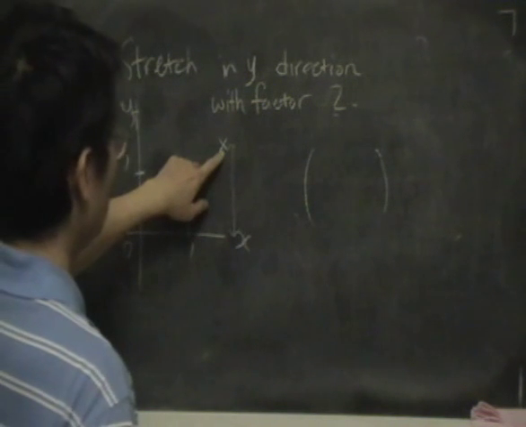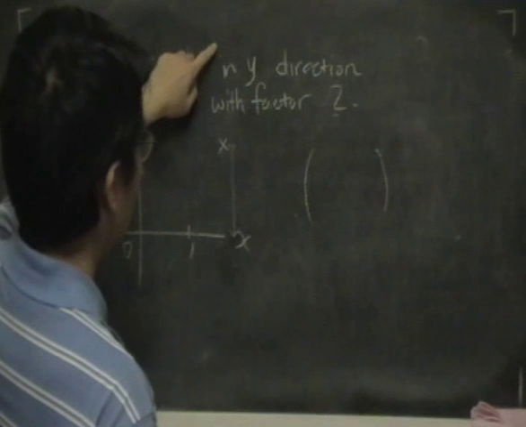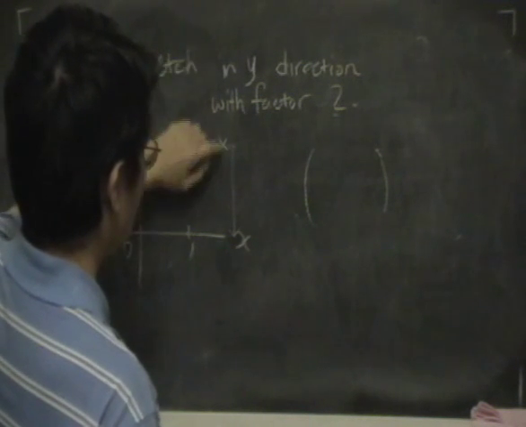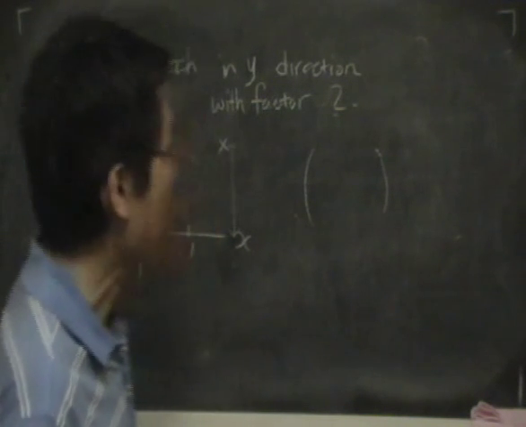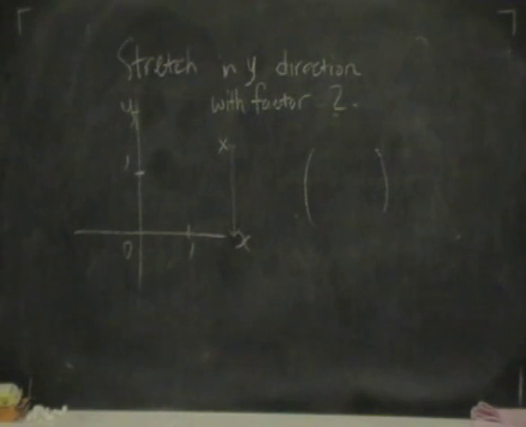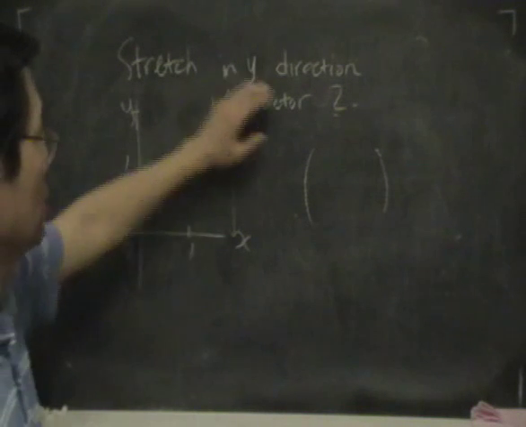So this point would move up until it is twice the distance from the x-axis. That's how we do a stretch to a point in the y direction.